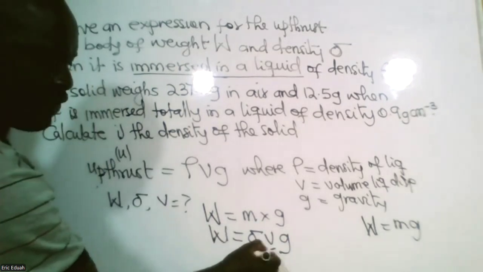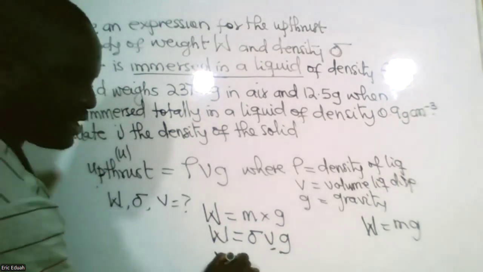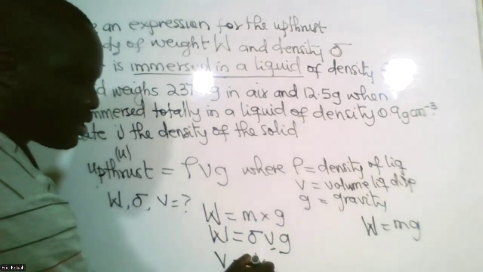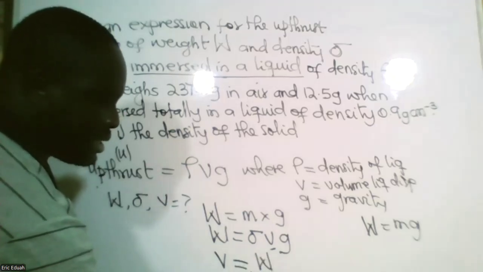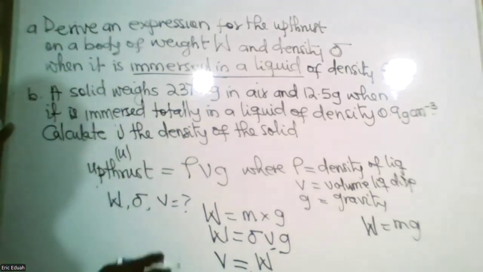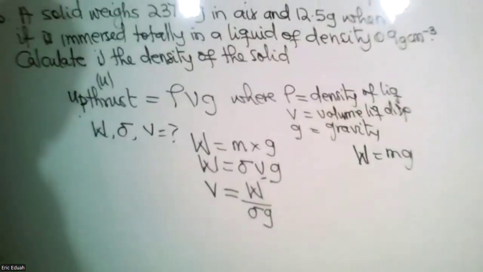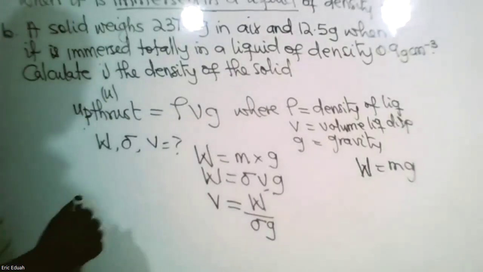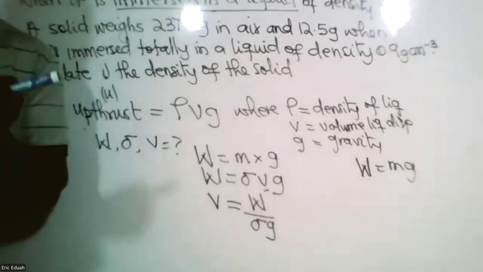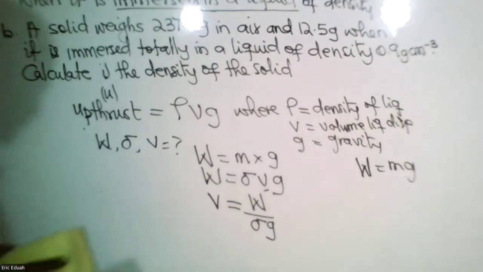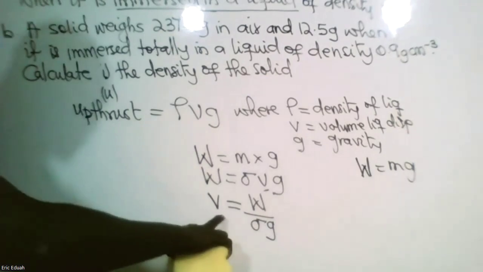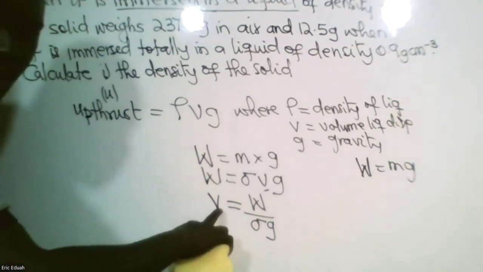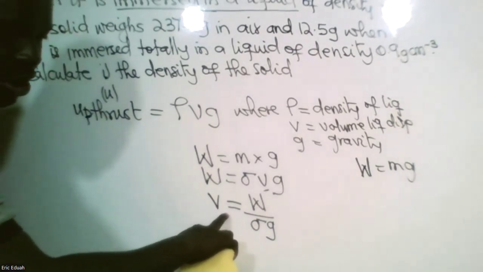Now I'm looking for the volume, so I make V the subject: V equals W over density times G. Mommy, is that what you had? Yes, it's correct. So this expression gives me the volume of the body or the object.